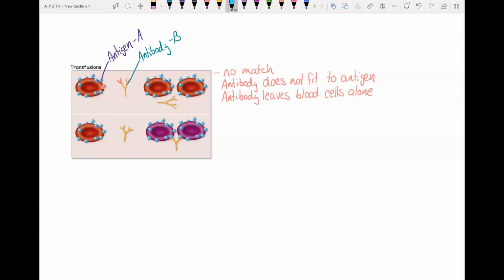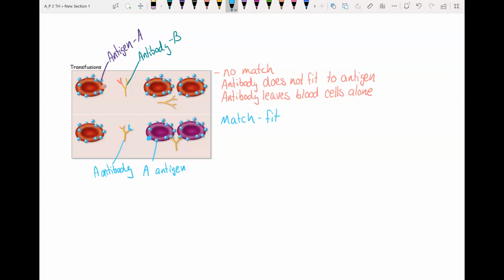Down here though, notice we do have a match. Their shapes fit. So if this is the A antigen, and this is an A antibody, they fit together.